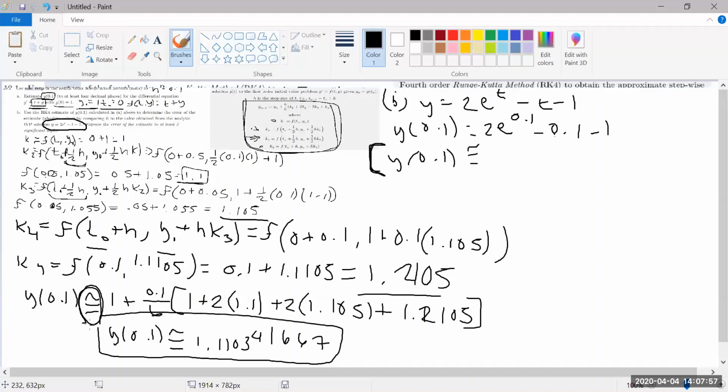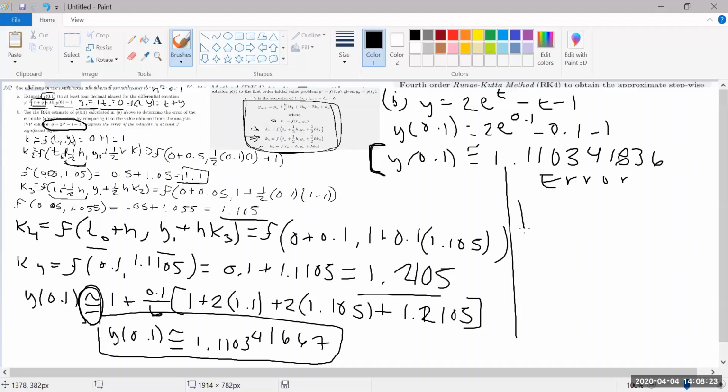It's not even trying to be a direct equality. So when you do that, you should get 1.1103411836.